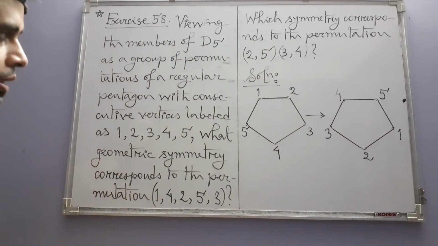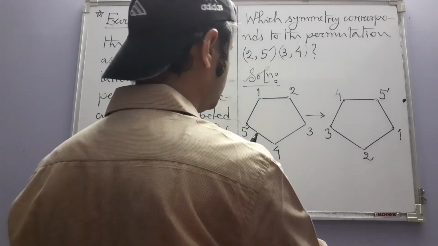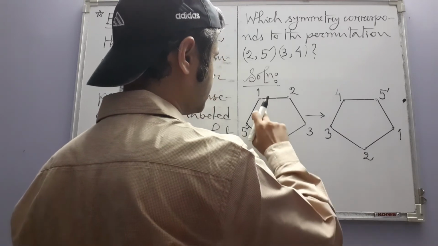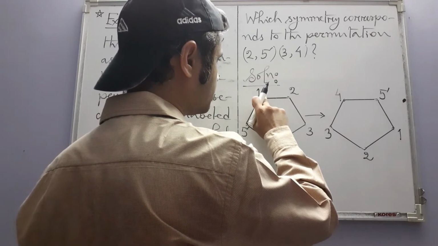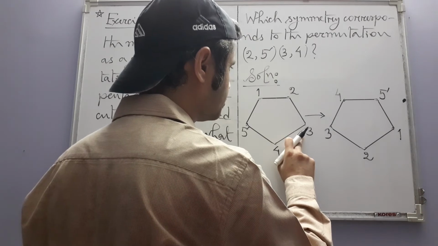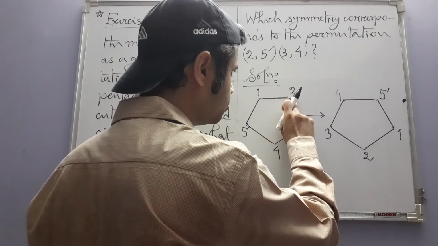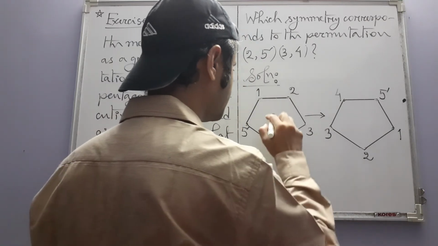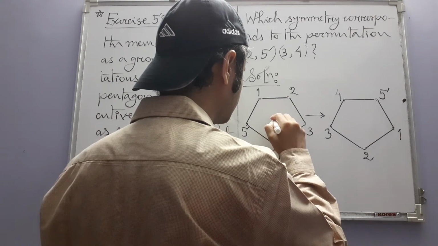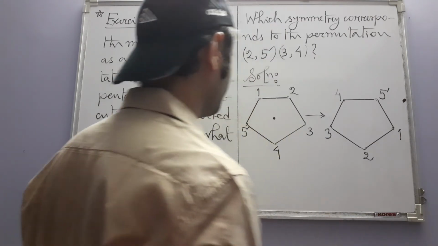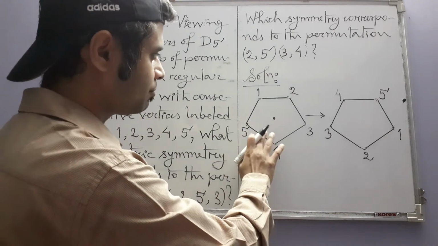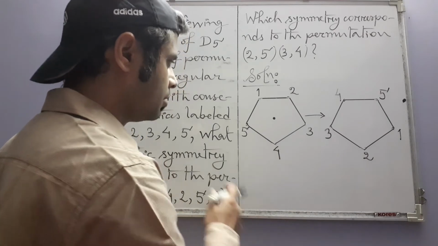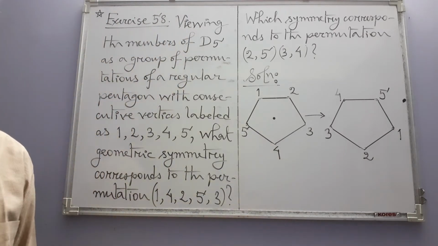What transformation is it? You can see that this is the transformation which has taken this one to this position. Similarly, it has taken this 2 to this position, right? Now, if you think of the center of this pentagon, the way I have drawn it, it's not a regular pentagon, but you have to understand that it represents a regular pentagon.